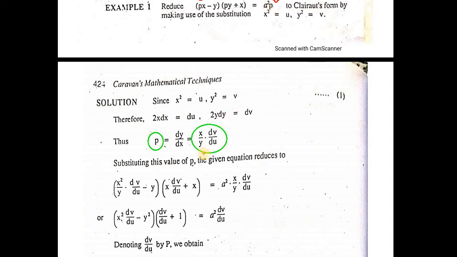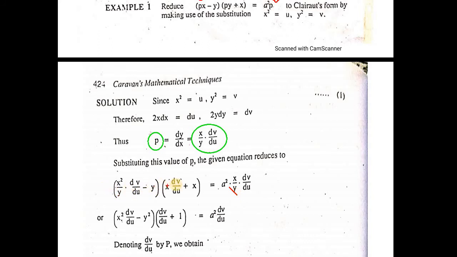and here we have to put the value of p. So here we see the value of p. Now this is a differential equation, we have to simplify, multiplying both sides by y. If we multiply both sides by y, this y will be cancelled, this y will be cancelled.